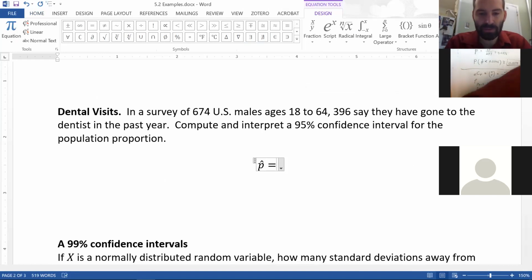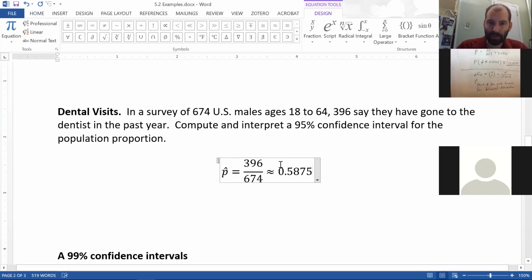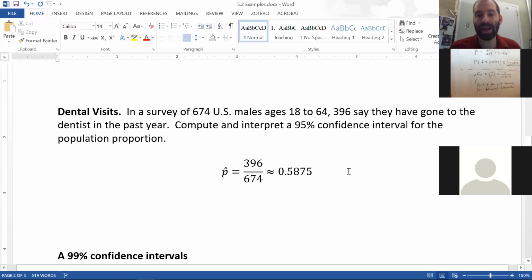So that's 396 divided by 674. That's 0.5875. I've rounded, so I put approximately equal to. So here I had to compute the sample proportion from the numbers that were given.